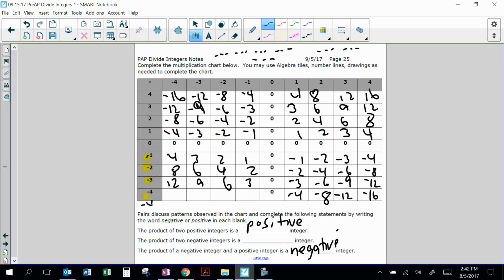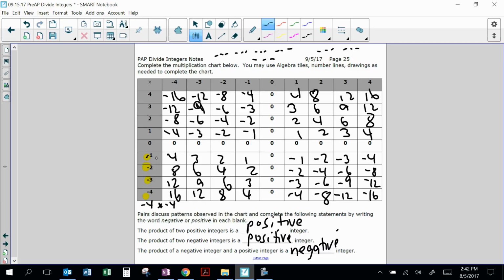So this says negative 4 times negative 4. Opposite of a negative is positive 16. And this will be 12. Opposite, 8. Opposite of a negative is positive 4. So when you have two negatives, it is going to be a positive. So what observation can you tell me?